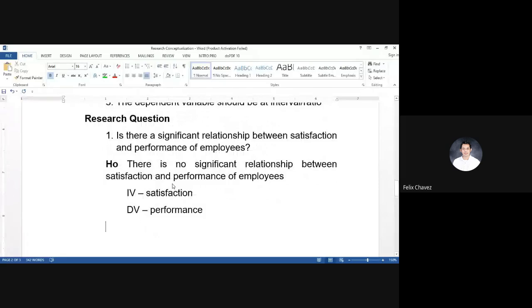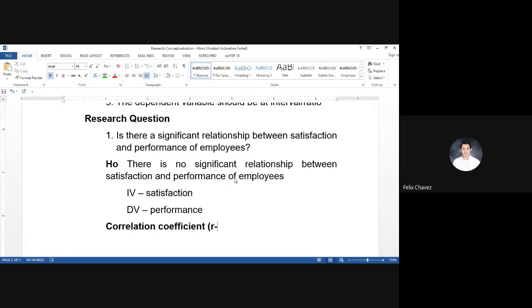So in the Pearson R correlation, what are the things that we need to interpret? Okay, so we have this correlation coefficient. So the correlation coefficient, we call that one as the R value.